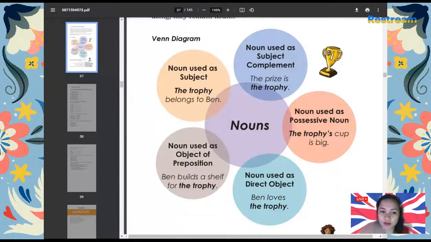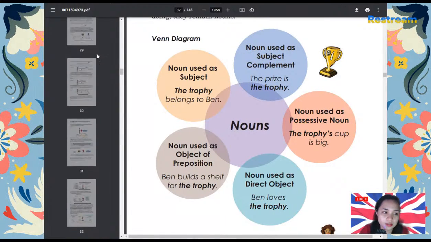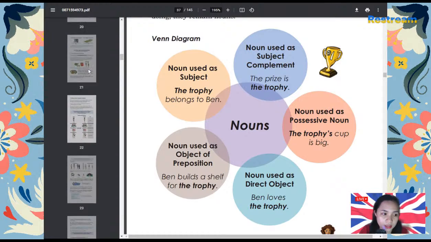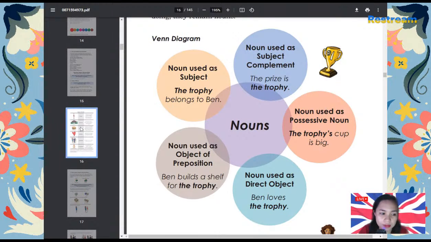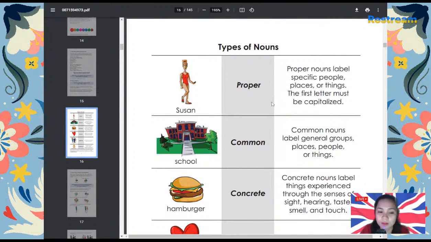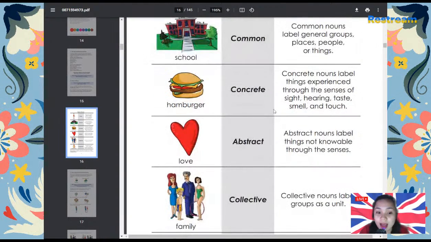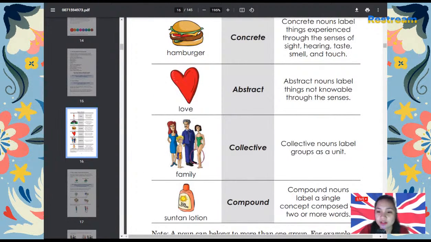We have a total of seven types of nouns: proper, common, concrete, abstract, and the last two are collective and compound. That is all for today's session.